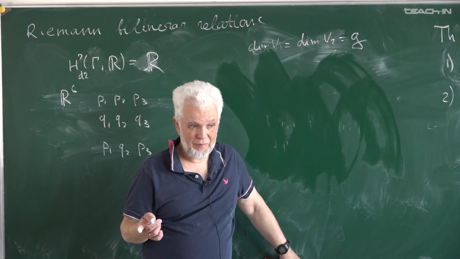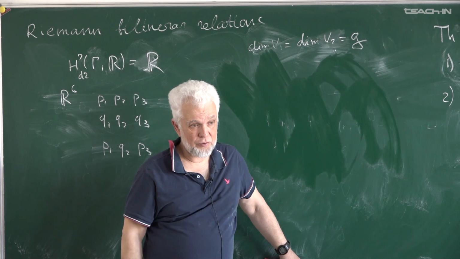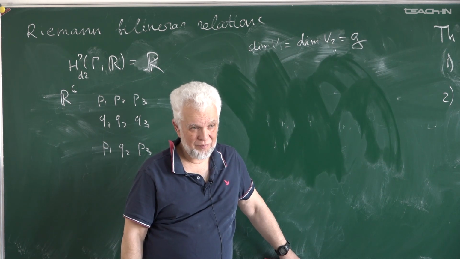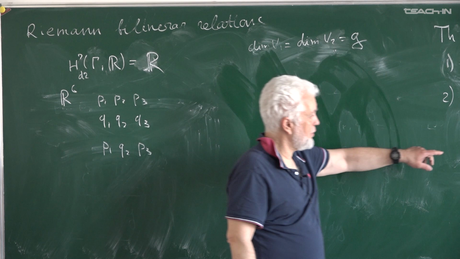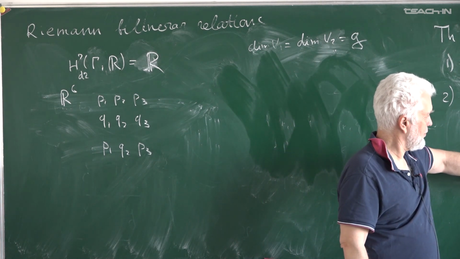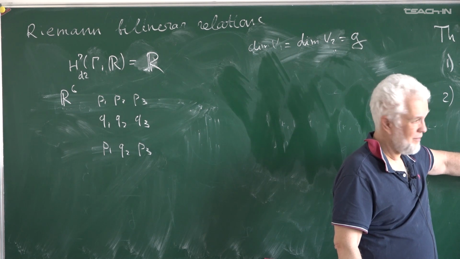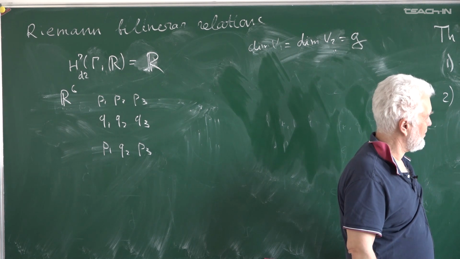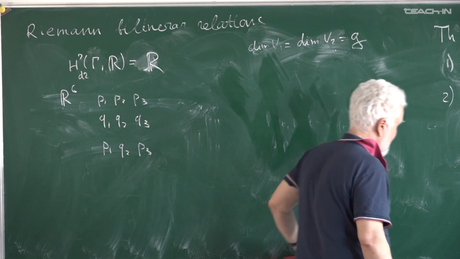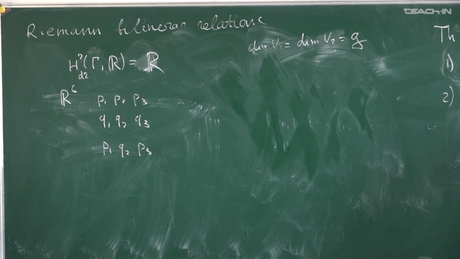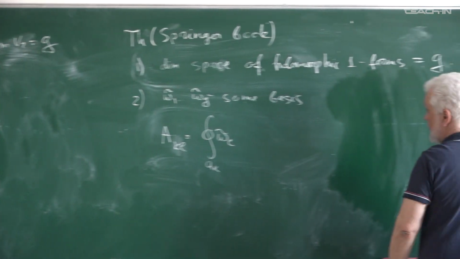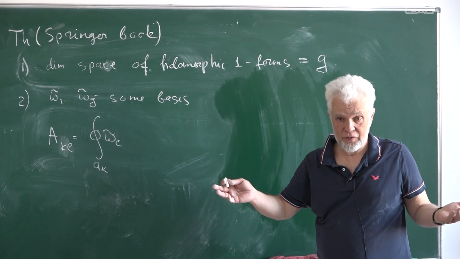Cycles A form a Lagrangian subspace because the intersection of them is equal to 0. So in this theorem, it's important that we integrate over cycles from some Lagrangian subspace. You understand this here? A cycles form a Lagrangian subspace, and B cycles form a Lagrangian subspace.